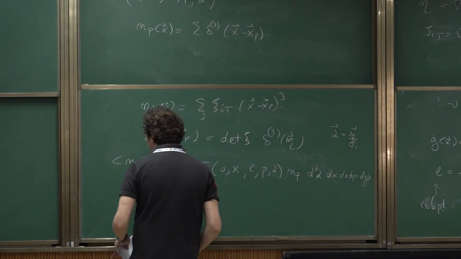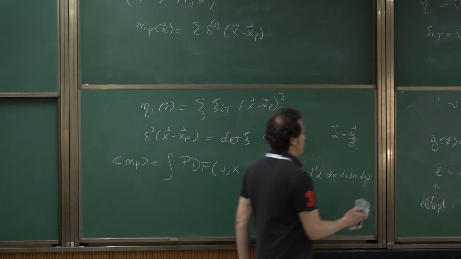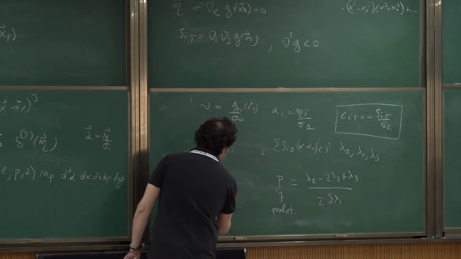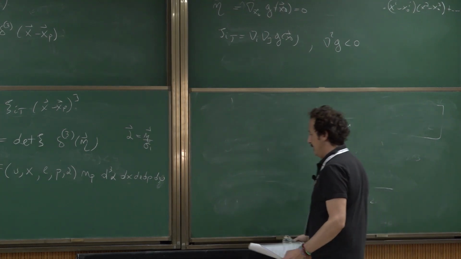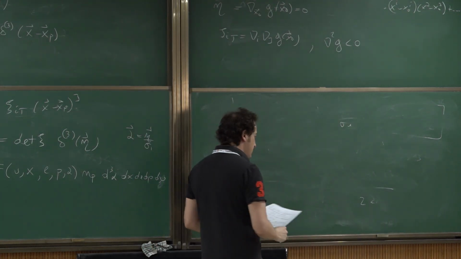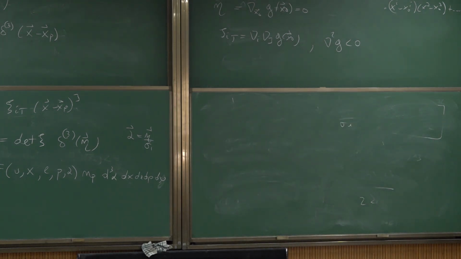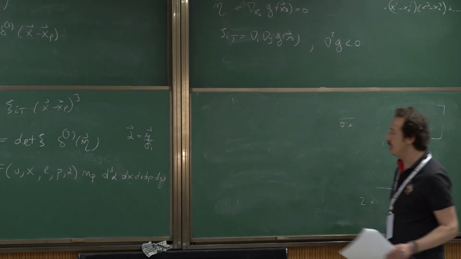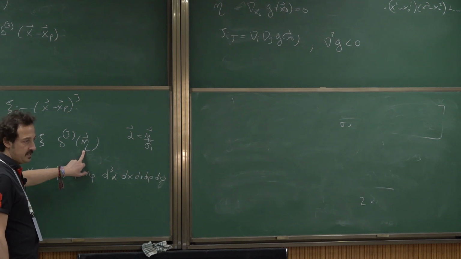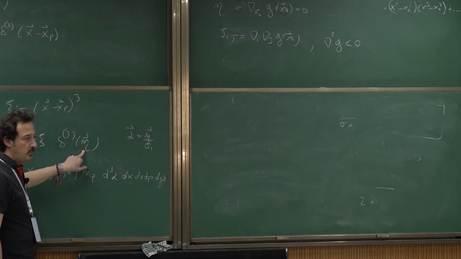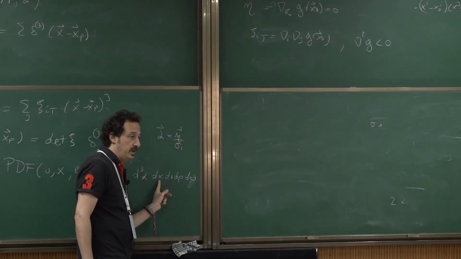So this is the mean value of the number of peaks, with the constraint that the first derivative is equal to 0, and a second constraint that x is bigger than 0.